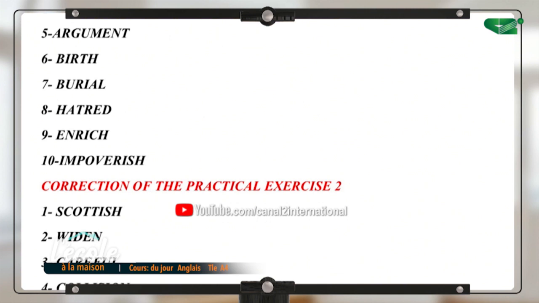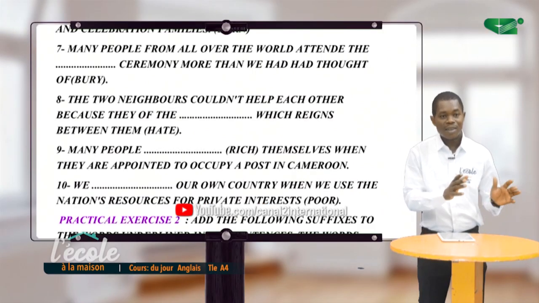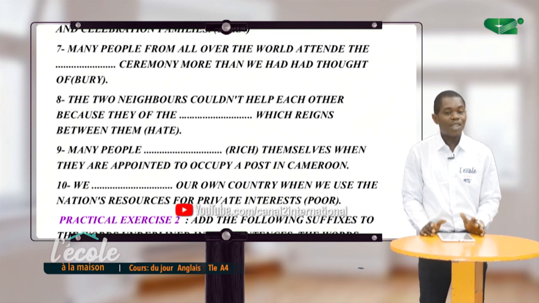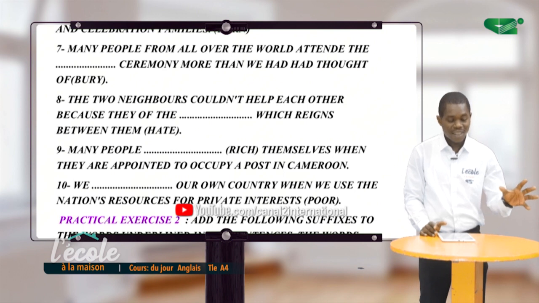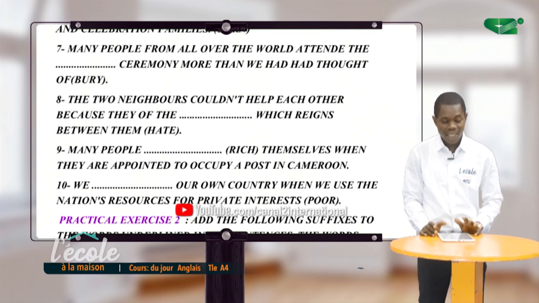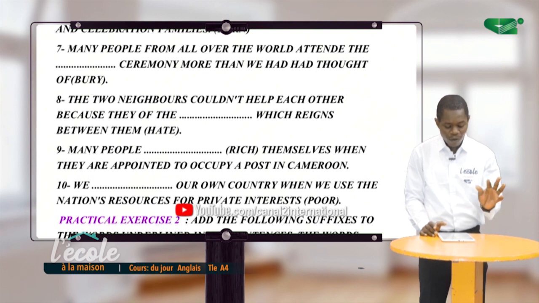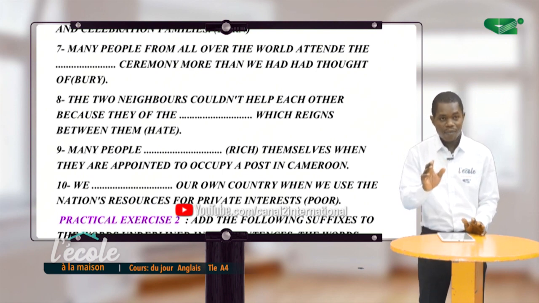No, it is for the country. And when we cast it aside for our private interests, what are we doing? We are impoverishing our country. So we impoverish with im, not en.